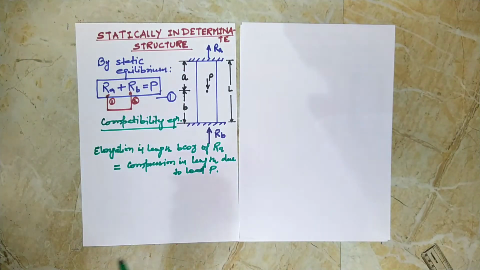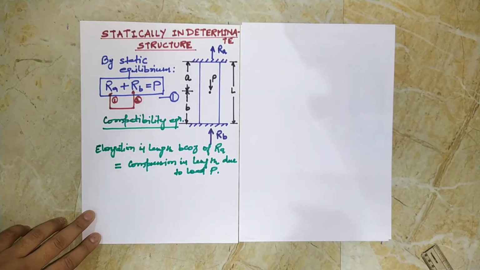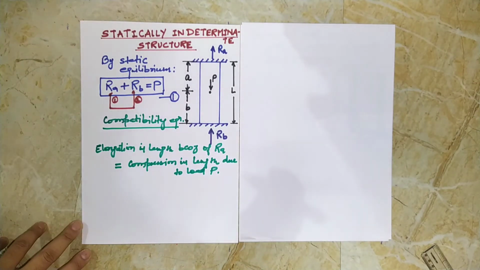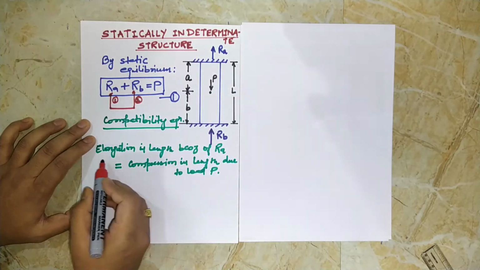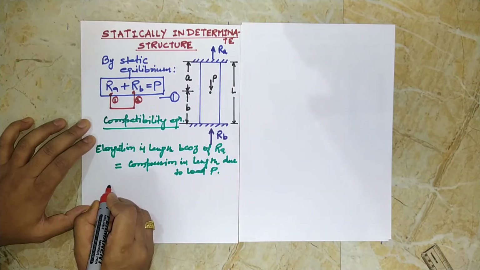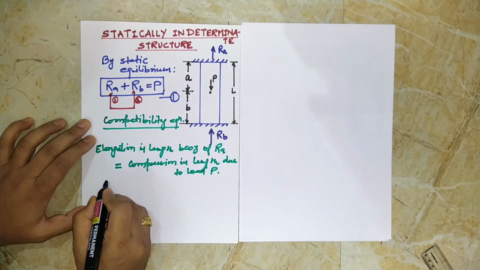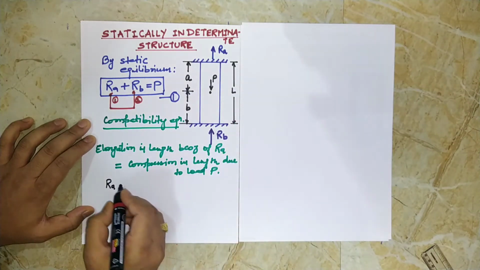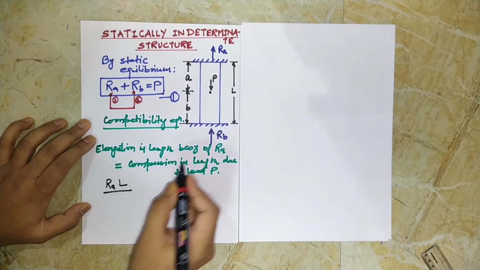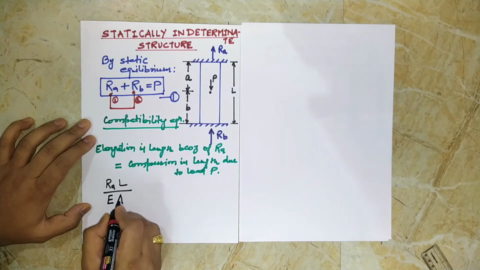What is the elongation given because of RA? We have studied that elongation is equal to PL upon AE. Here, the loading is RA, applied on the total length L, so the elongation is RA into L upon E, Young's modulus, and A, the area of cross section.